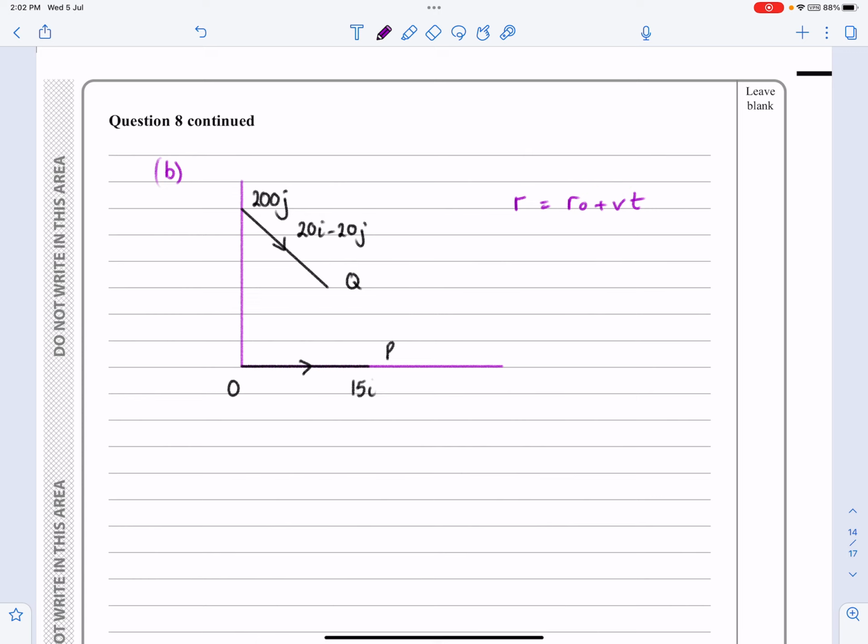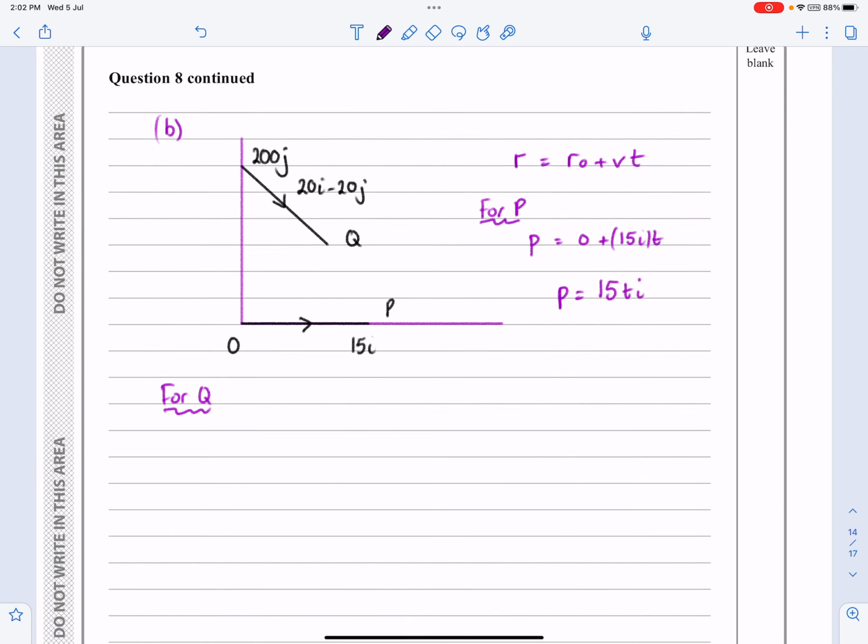So if we do this for P, I'm going to get p equals, well, r0 is nothing, and then it's just 15i times t. So in other words, p is equal to 15ti. That's a better way of writing it. For Q, let's do that down here, I've got plenty of space. Again, I'm going to do r equals r0 plus vt.